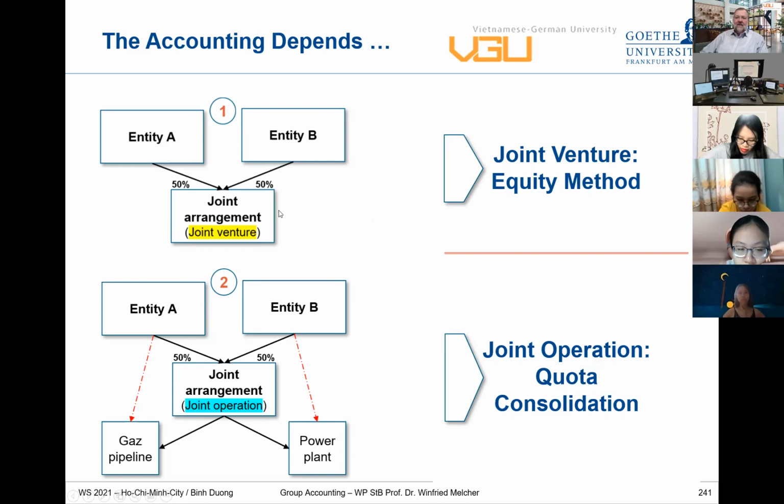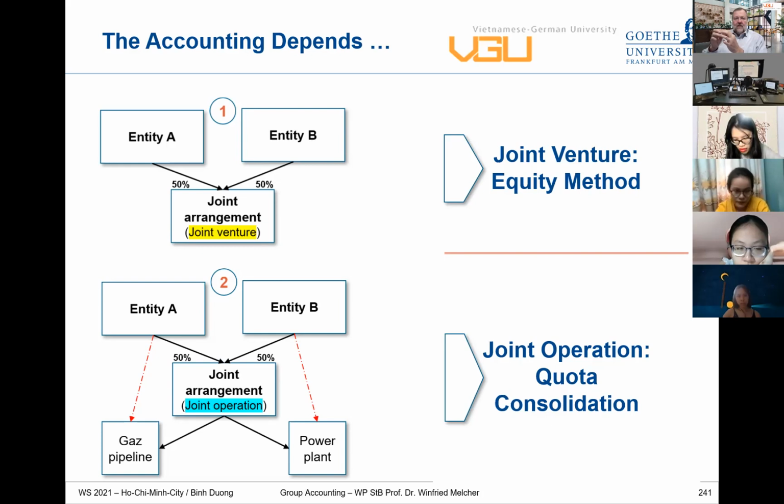Well, when you are jointly controlling an entity and you have access to the net assets, but you do not have the rights or obligations to single assets or single liabilities as you have in a joint operation, then probably the best way to look at that joint arrangement is as one investment.